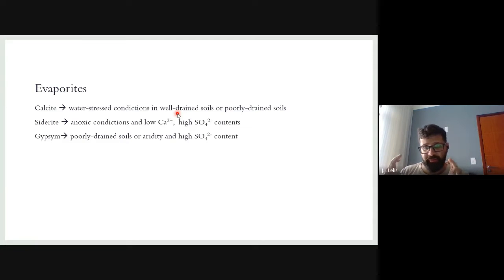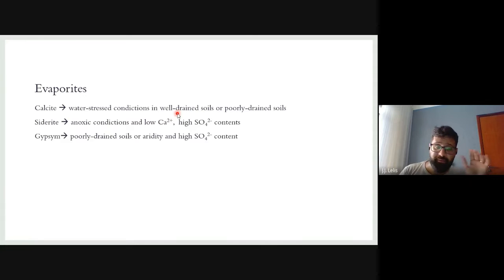And poorly drained soils generally don't have a high area that could yield calcium, or you only have the stagnation of water. And if you have the stagnation of water, you can't concentrate calcium and you can't produce calcium carbonate.